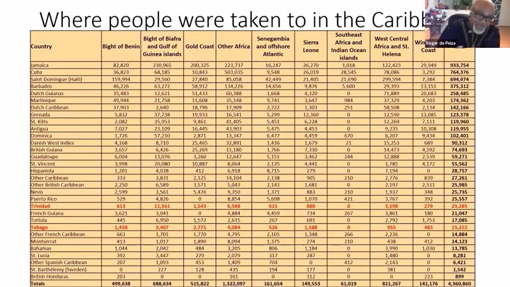These numbers confused me, so I asked a question at a history forum that I am in: how come the numbers are like that, because Antigua only has 60,000 people and St. Kitts even less.